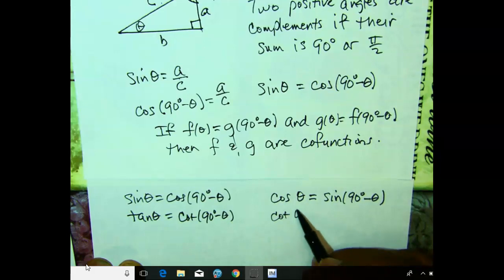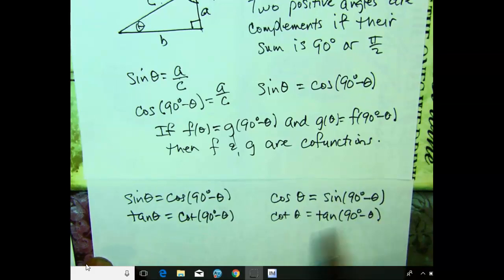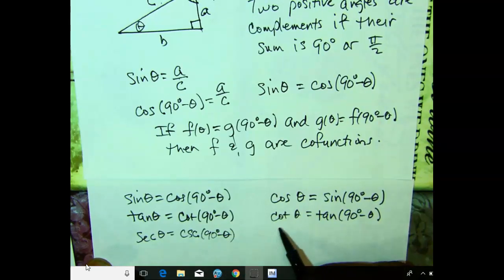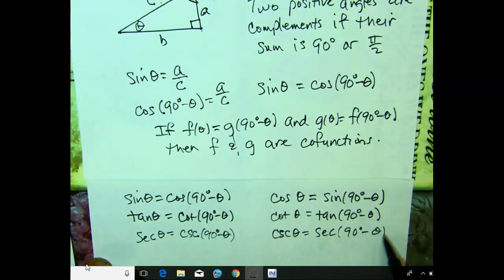And cotangent of theta is the tangent of 90 degrees minus theta. Secant of theta is the cosecant of 90 degrees minus theta. And cosecant of theta is the secant of 90 degrees minus theta. So these are cofunctions of each other.